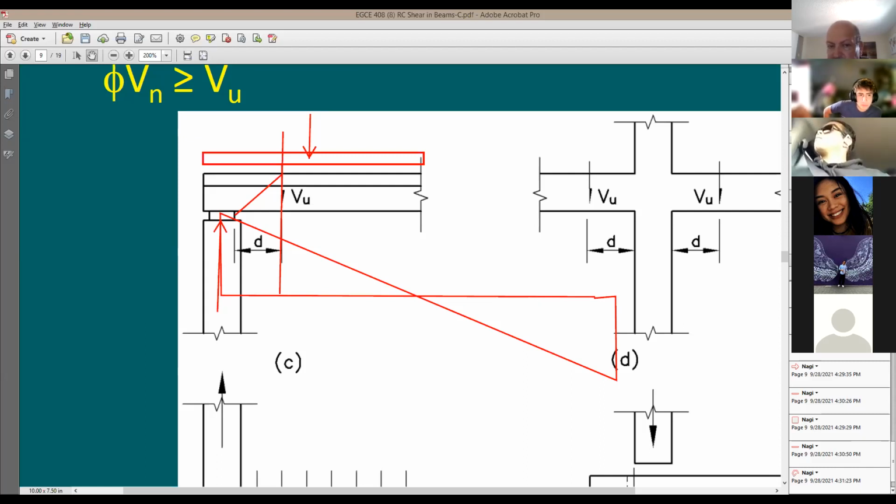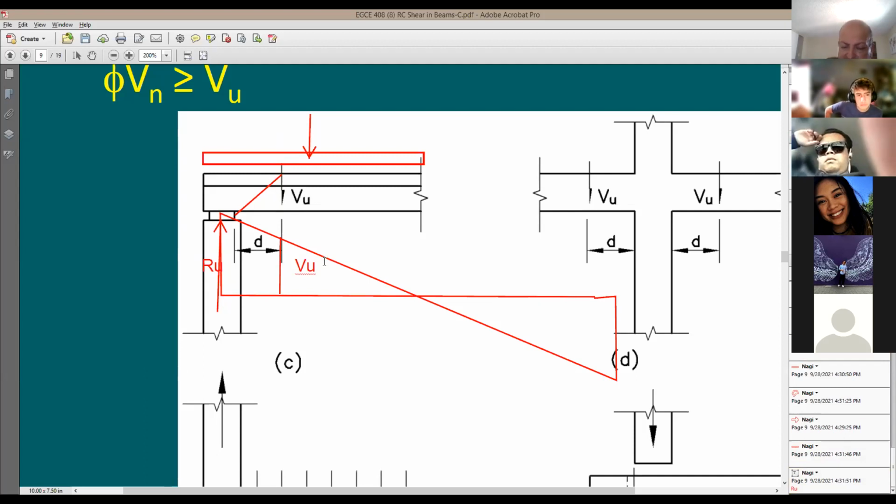So I can call it R_u. So R_u is giving you the reaction of the column. And the shear demand that you need to design the beam for is not going to be this R_u, and instead it's going to be the ordinate, which means this value here at the critical section for shear. And this gives you your V_u. So I'm going to say here's V_u. So V_u is not going to be equal to the reaction. It's going to be a lower value.